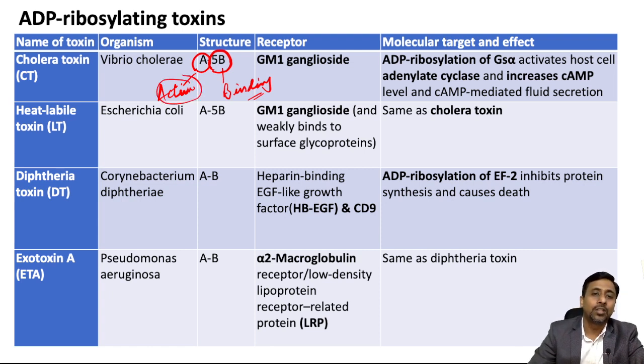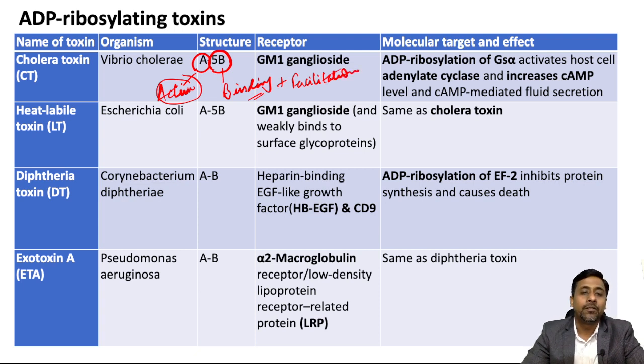Okay, so it has got two activities, first binding and then second is facilitation of entry of the A subunit into the cell. It is similar to the previous ones which I have discussed, that is the adenylate cyclase toxins.